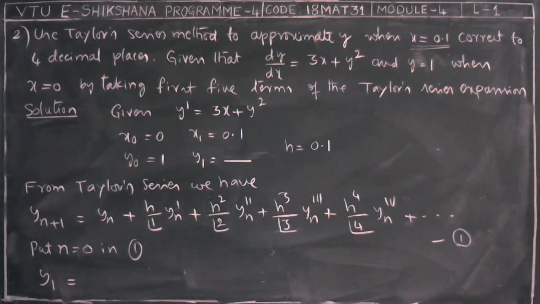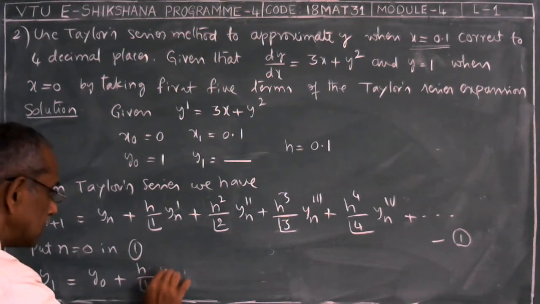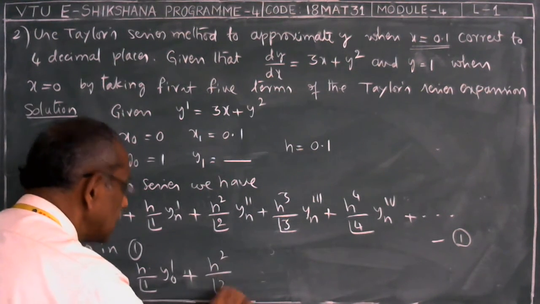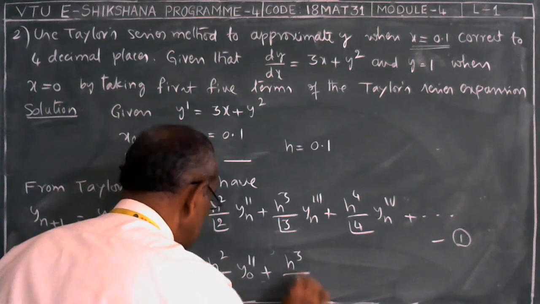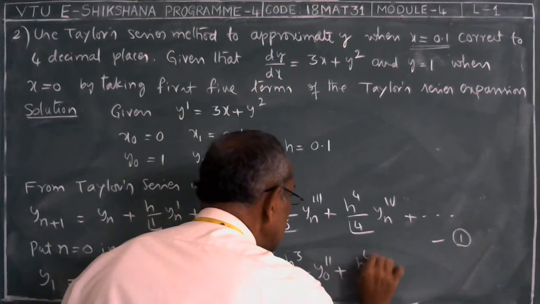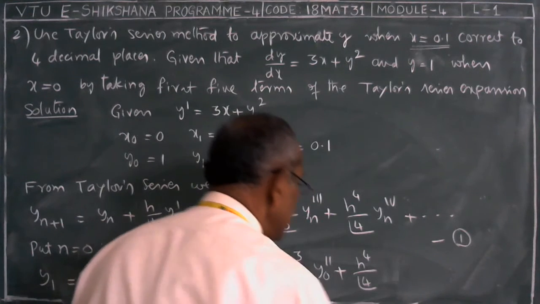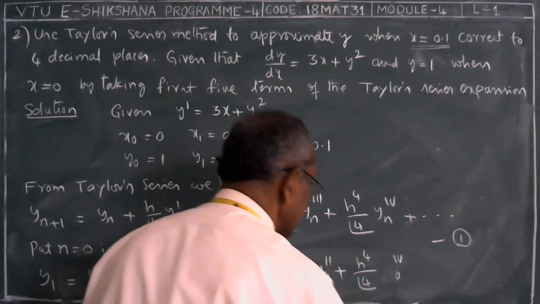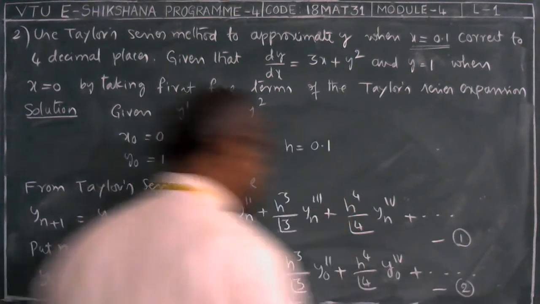When n is 0, y1 is equal to y naught plus h divided by factorial 1 y naught dash plus h square divided by factorial 2 into y naught double dash plus h cube divided by factorial 3 into y naught triple dash plus h power 4 by factorial 4 y naught 4, the fourth derivative of y naught, etc. Call this relation 2.